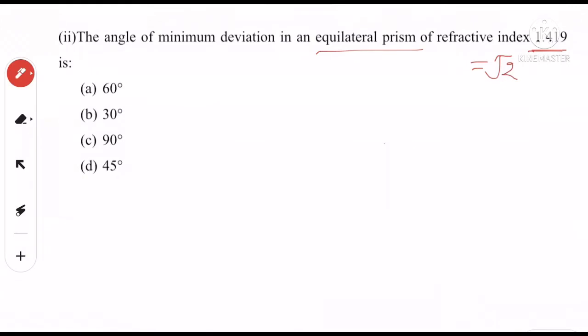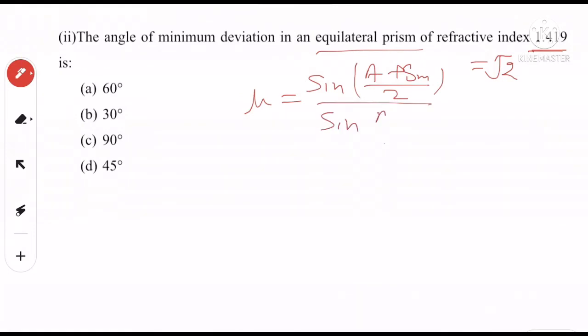We know by this relation, mu is equal to sine (A plus delta minimum) upon 2, divided by sine A by 2. And it is given that the refractive index is under root 2. Angle of prism is 60 degrees. Delta minimum we have to find.